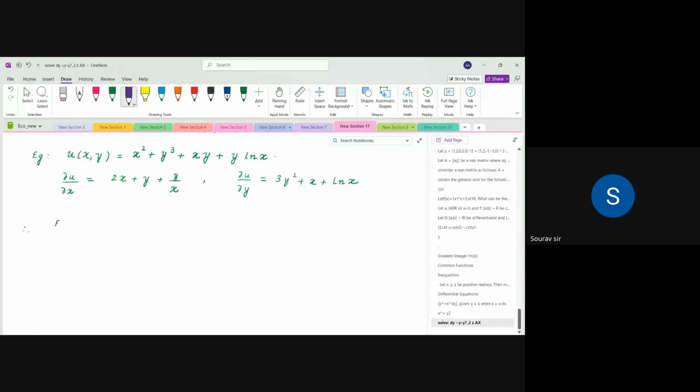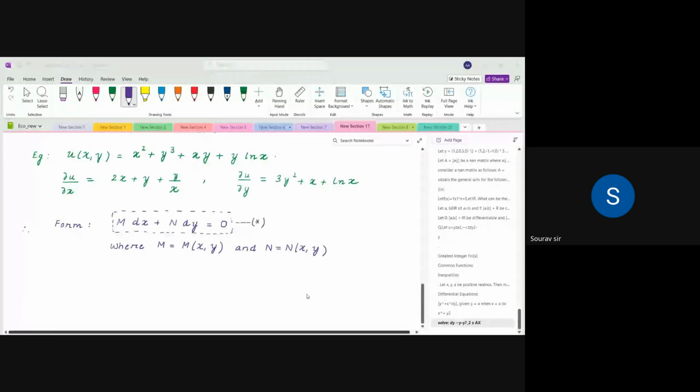Let's say that you have a differential equation in this form, where M is a function of x comma y and N is also a function of x comma y. All right. I request you all to take a closer look at the structure of the differential equation that I am writing.